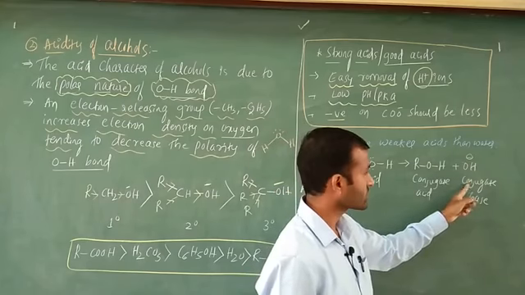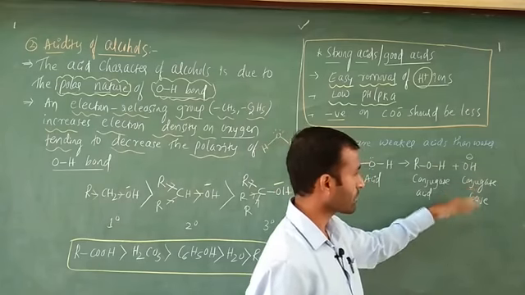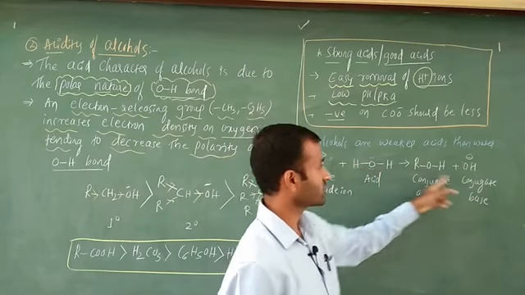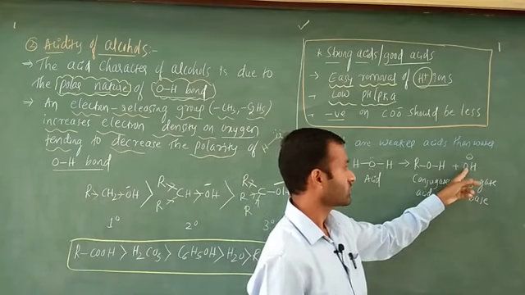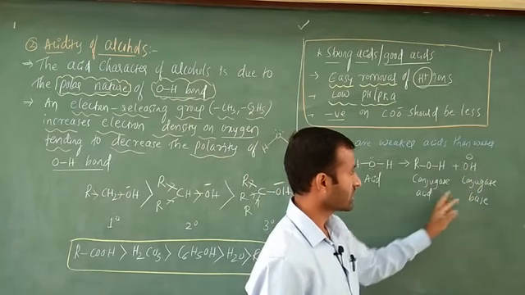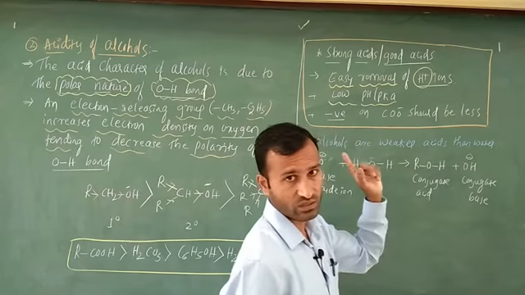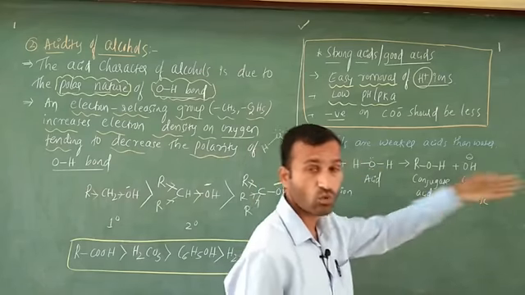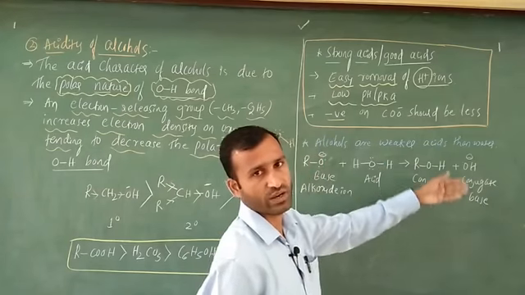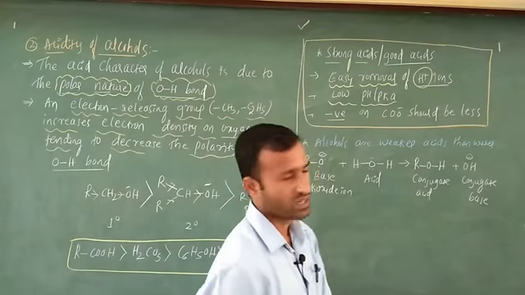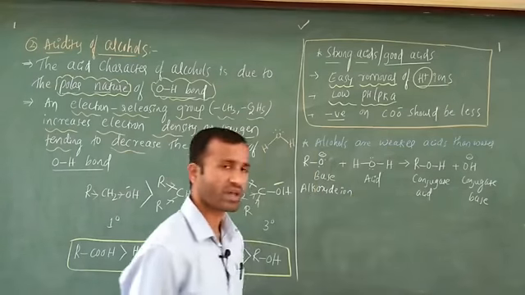The removal of hydrogen gives a conjugate base. Here there are two hydrogens, but in this case only one hydrogen. Originally it is an acid, and after removal of hydrogen we call it a conjugate base, but before that we call it an acid.